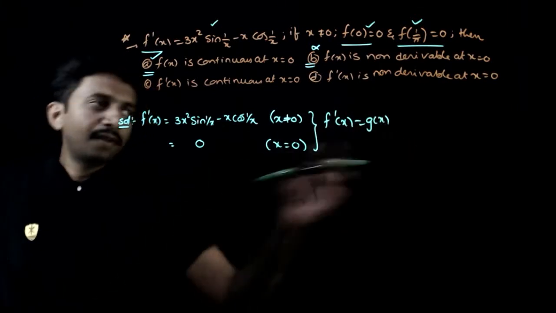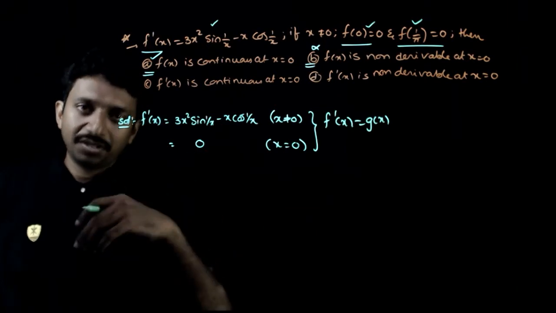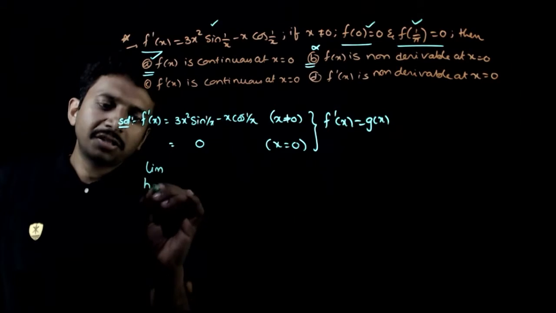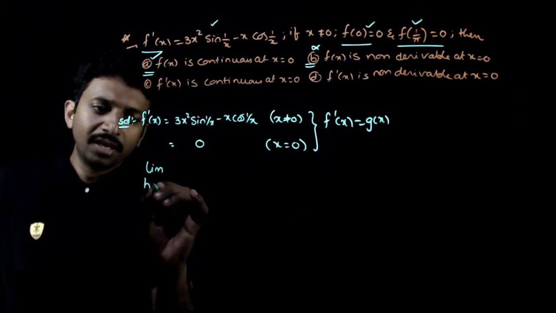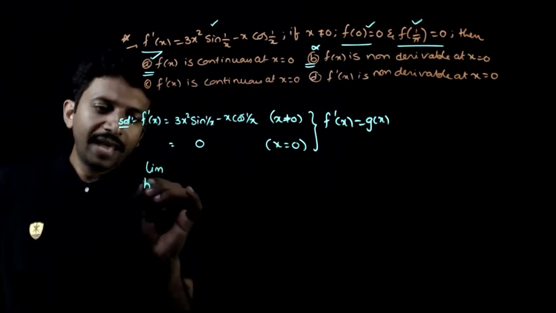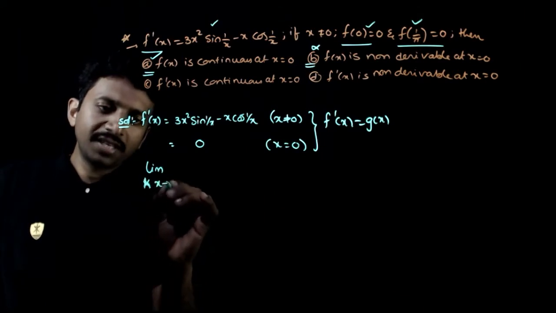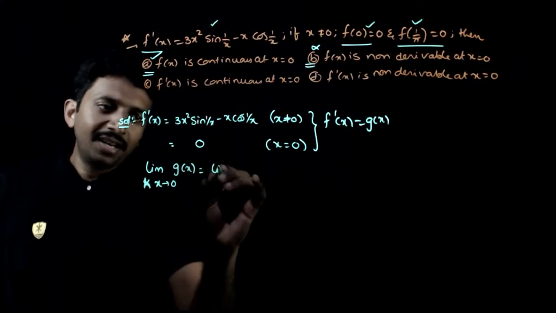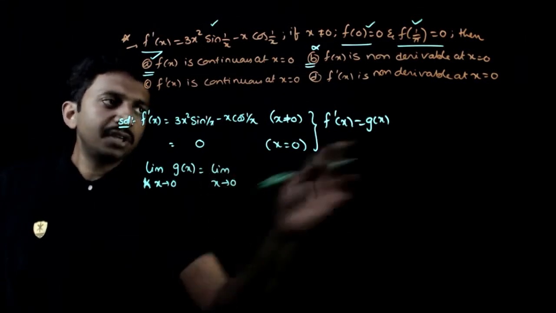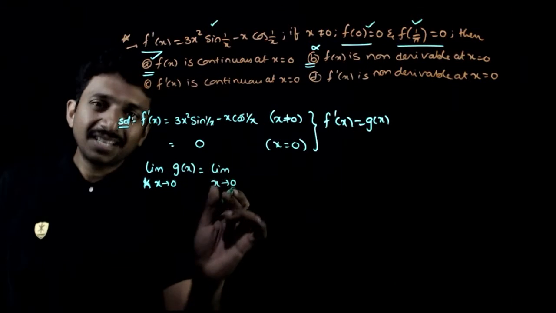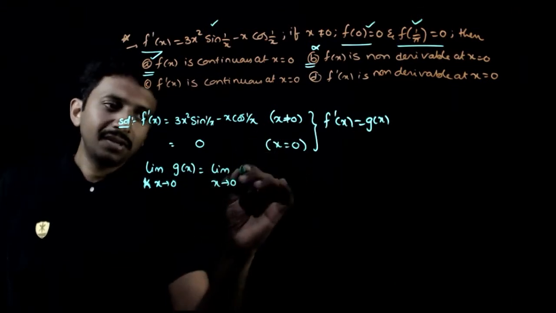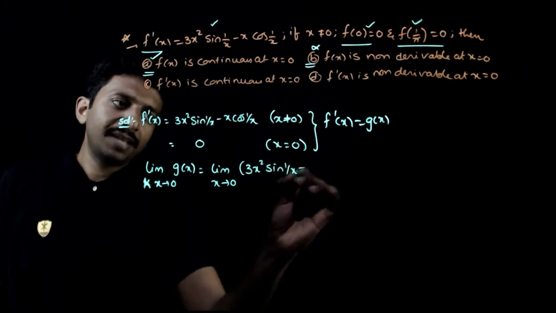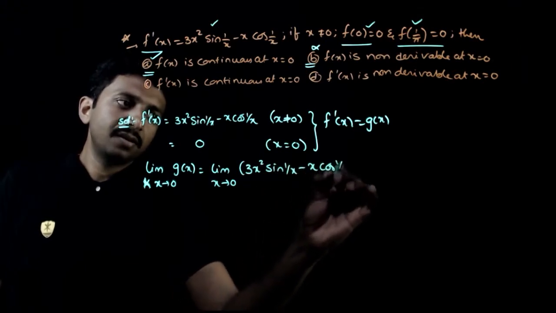Now if I want to check whether g of x is continuous at x is equal to 0 or not, I find the limit as x tends to 0 of g of x, which is nothing but f dash of x. As x tends to 0, x is not equal to 0, so we take the upper function, 3x square sin 1 by x minus x cos 1 by x.